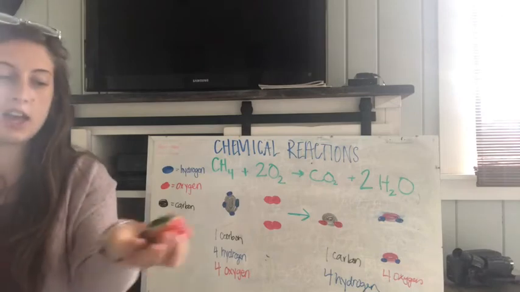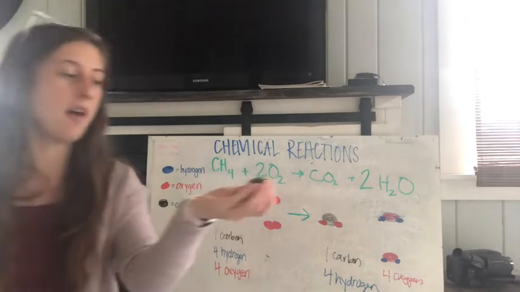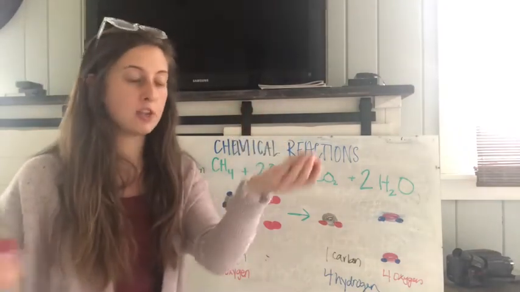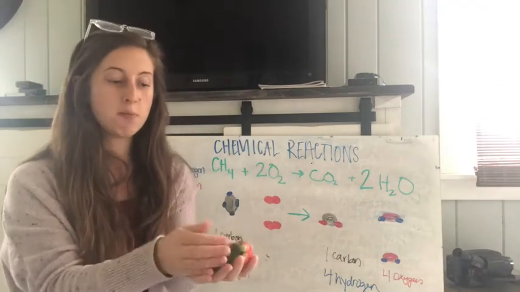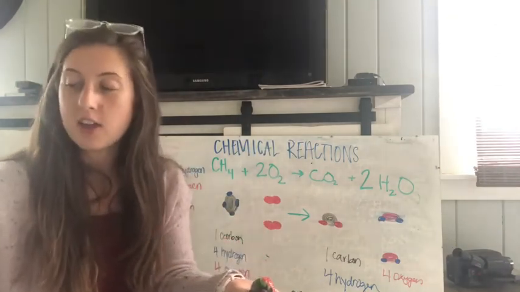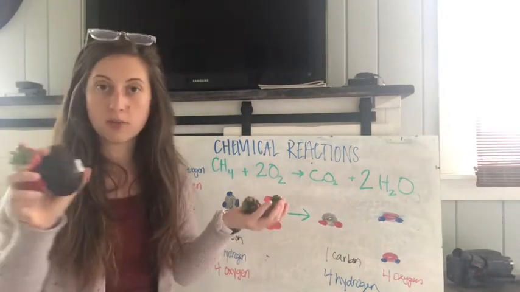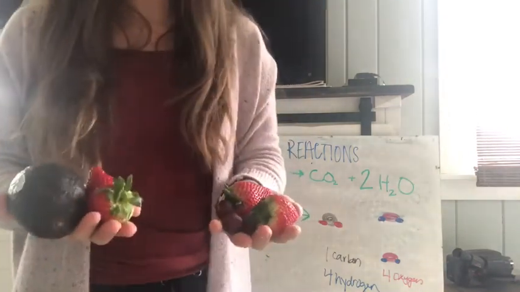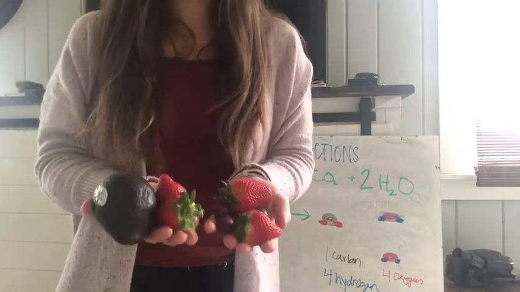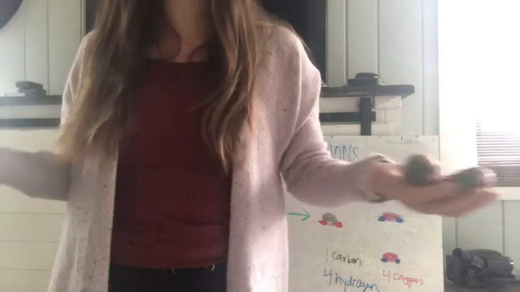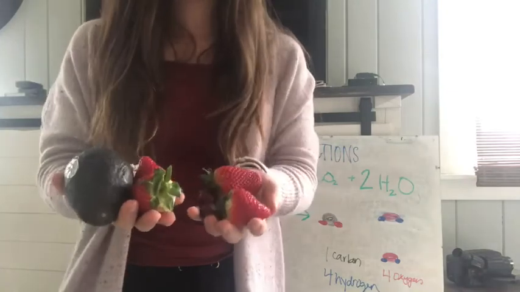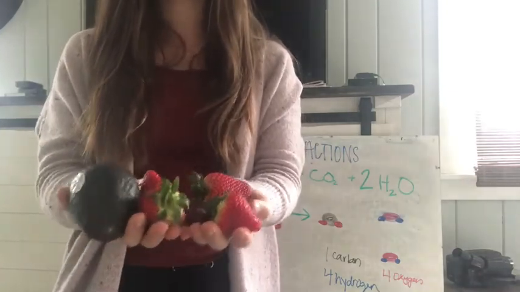So then we had a group of 1 strawberry and 2 grapes, 1 strawberry and 2 grapes, and then the avocado with 2 strawberries. I think the strawberry just flicked somewhere. I know you can't really see this very well, but our total number of fruit still stayed the same. I didn't take any away, I didn't add any. We still have 4 strawberries, 4 grapes, and 1 avocado. We just arranged them differently.